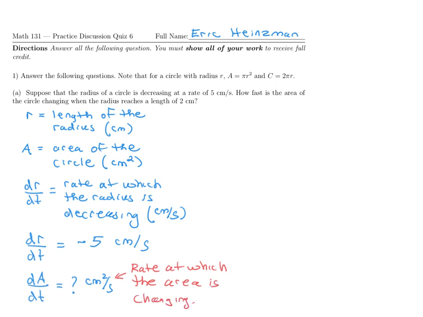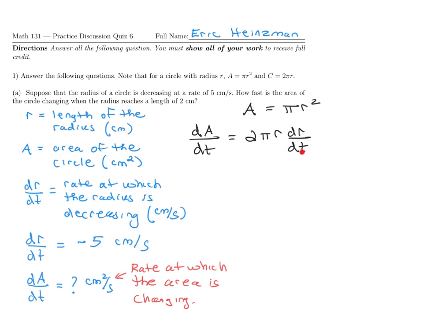So the goal is now, how can I relate area and radius and then get these expressions here? I'm going to use this formula. I know that A is equal to pi r squared. If I differentiate both sides with respect to t, I get the following. dA dt is equal to 2 pi r to the first times dr dt.